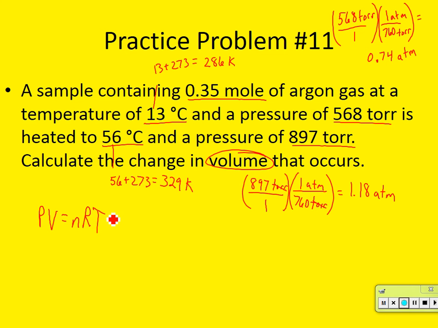Now what do we do, guys? Figure out what's changing and put a what above it? A dot above it. Is pressure changing? Yes. We calculated a couple of pressures up there, so we know what's changing. Is volume changing? Yes. Calculate the change in volume that occurs.